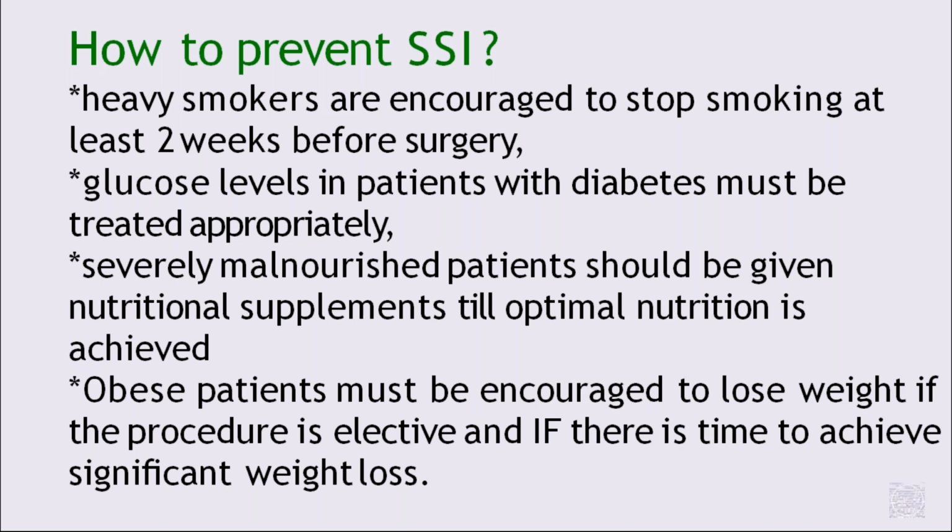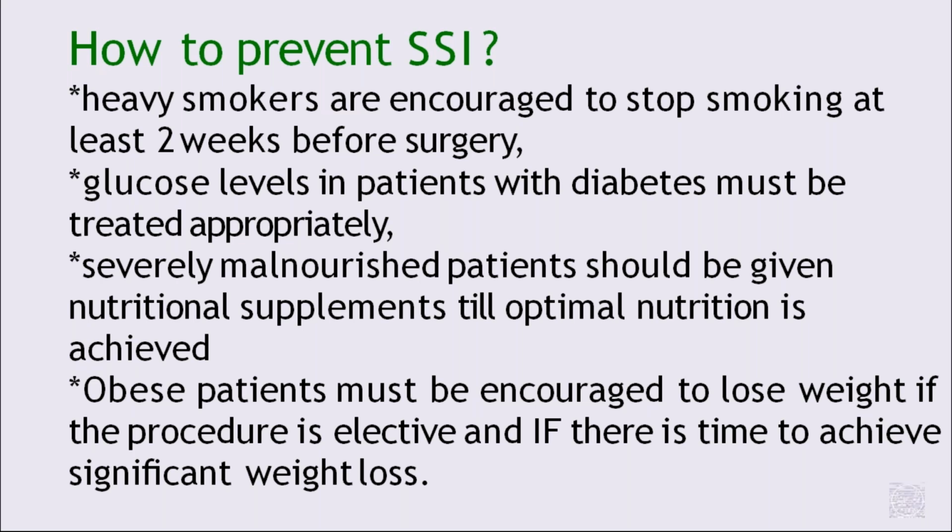Severely malnourished patients should be given nutritional supplements till optimal nutrition is achieved. The next risk factor is obesity. Obese patients must be encouraged to lose some weight if the procedure is elective. However, if the procedure is an emergency, we won't wait.